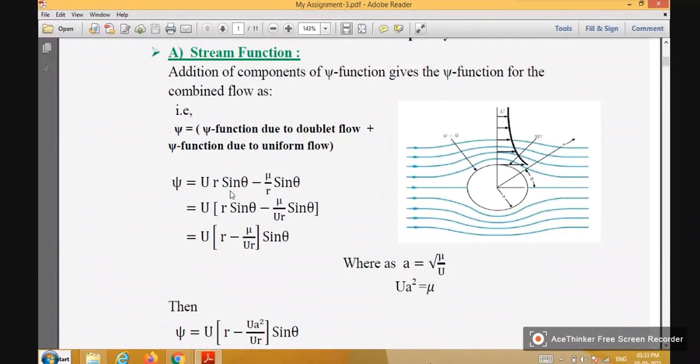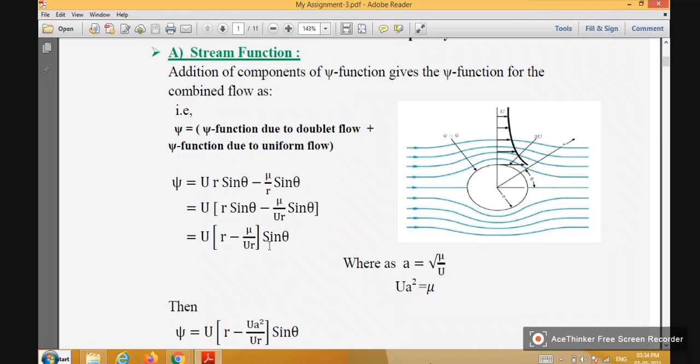Go ahead. From that I take u as common, u r sin theta minus mu by u r sin theta. After that, I take sin theta common, that is u into r minus mu by u r, into sin theta. Whereas we already know that a equals square root of mu.